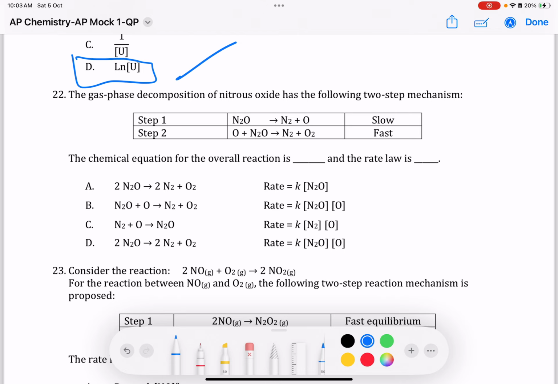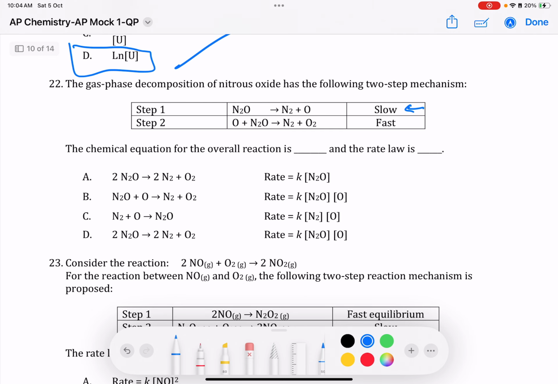The gas phase decomposition of nitrous oxide has the following two-step mechanism. We always look at this slow step because this is the rate determining step. From the rate determining step, we can write the rate law.